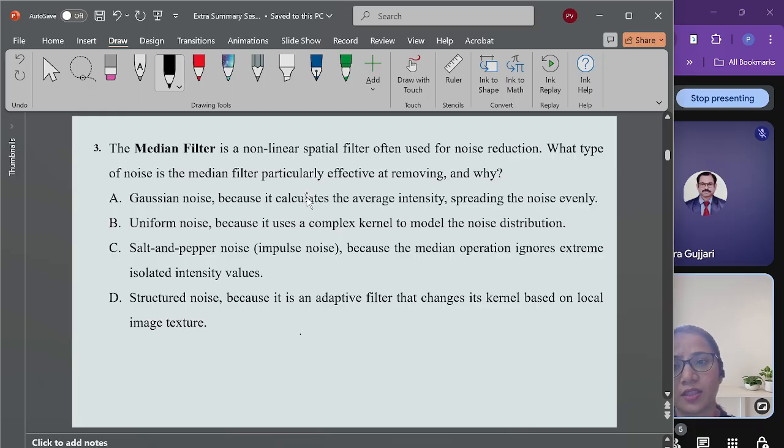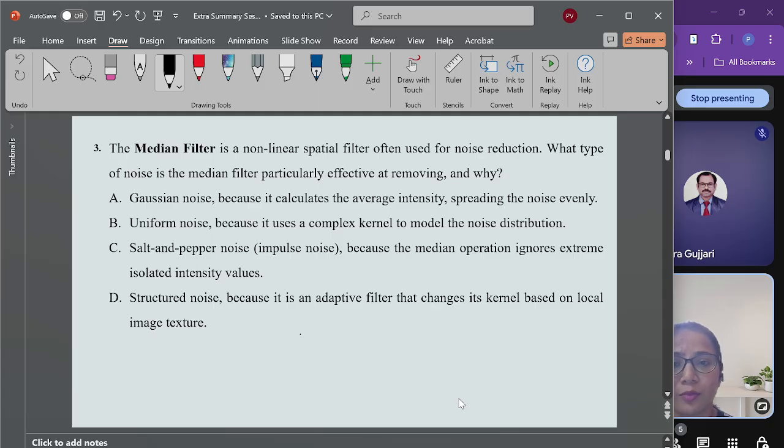Our next question is: the median filter is a nonlinear spatial filter often used for noise reduction. What type of noise is the median filter particularly effective at removing and why? Option A, Gaussian noise, because it calculates average intensity, spreading the noise evenly.